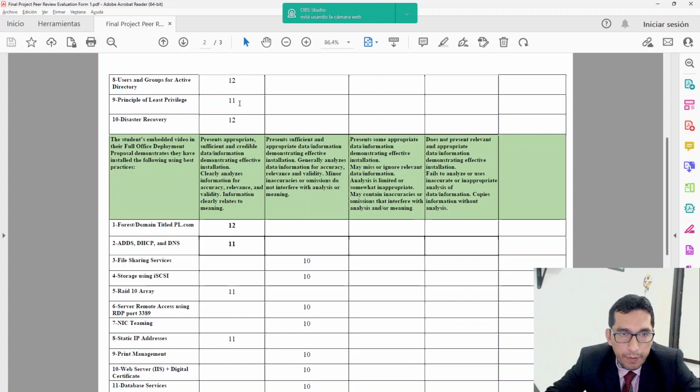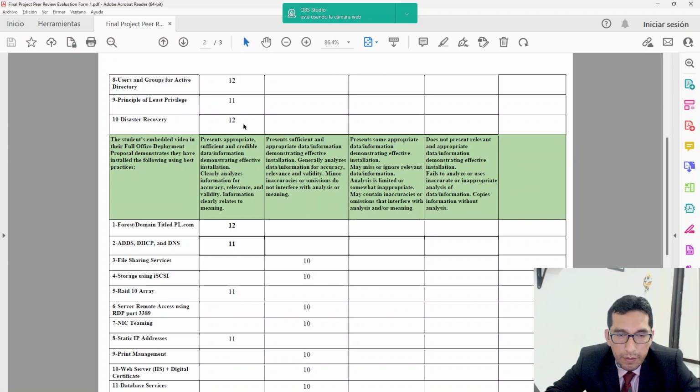The principle of least privilege is very important, so that a specific person has only the access needed. It is a very important principle to have more security on access to all the information.